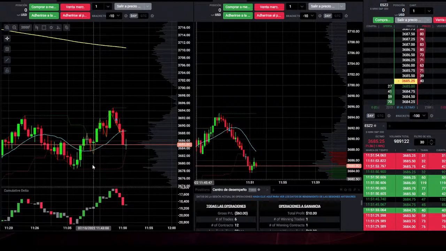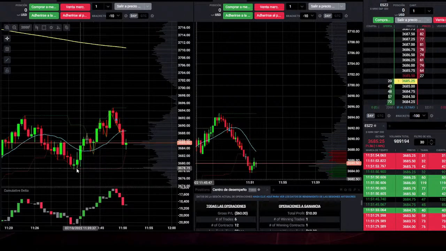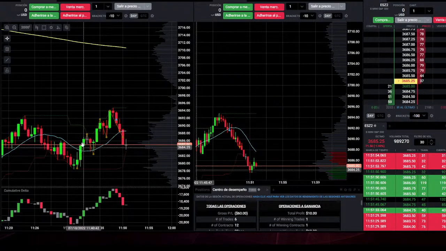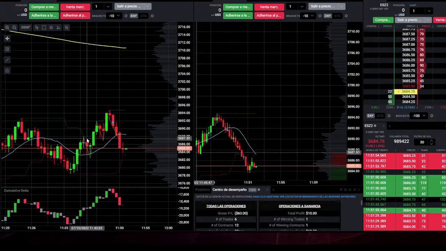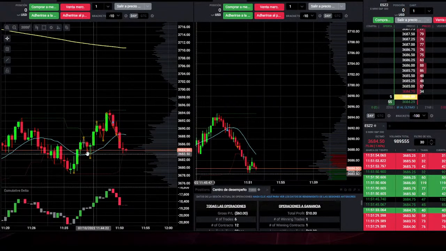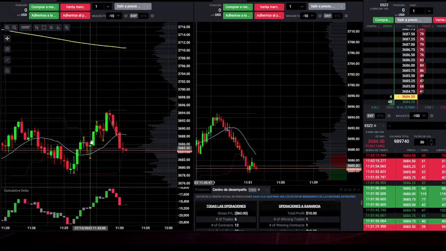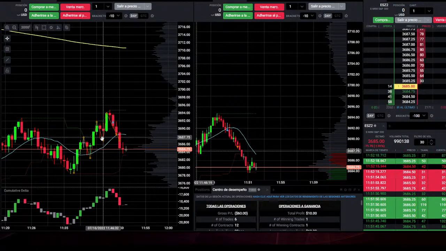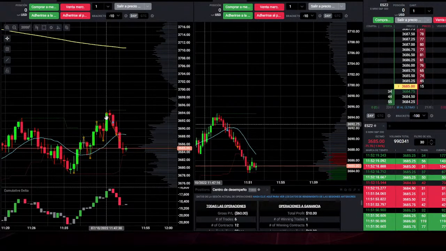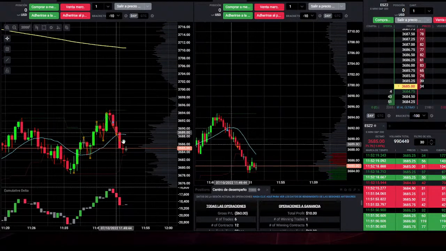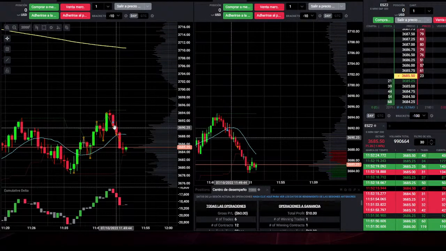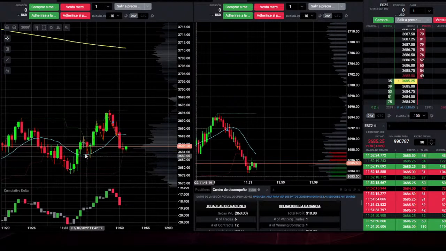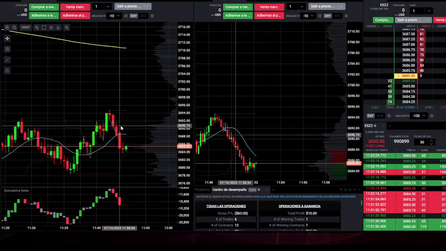Well, here's the thing. I got this retracement right. The pump, I got it right. The other retracement, I got it right. The other pump, I got it right. And this one, that's the one I enter, I got it wrong. So here I got 5 movements and I was right in 4.